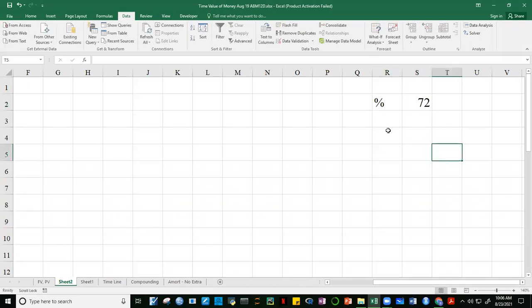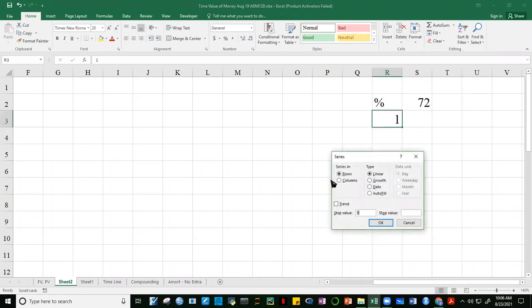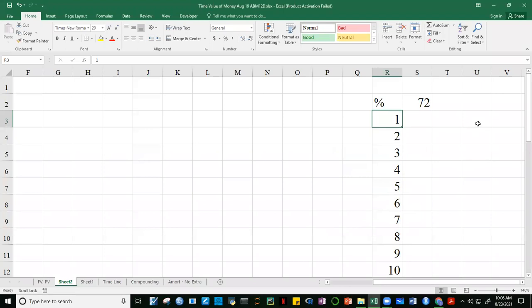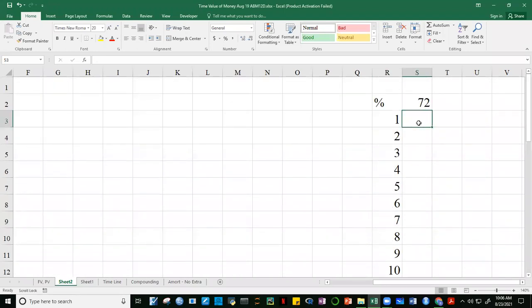Gawin natin from 1. Gawin natin up to 30. 1. Then punta tayo to home, fill, series. Columns, increment of 1 up to 30. So hanggang 30% yung interest rate. So tingnan natin guys kung ano mangyayari. 72, fix natin to, divided by the percentage rate. Di ba?